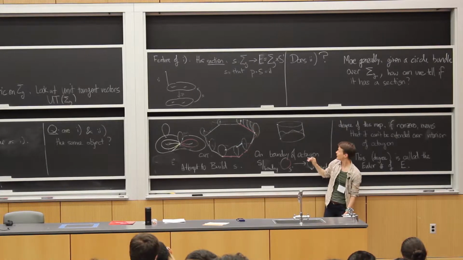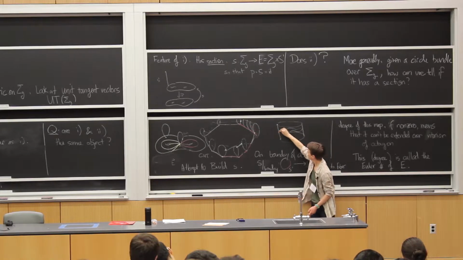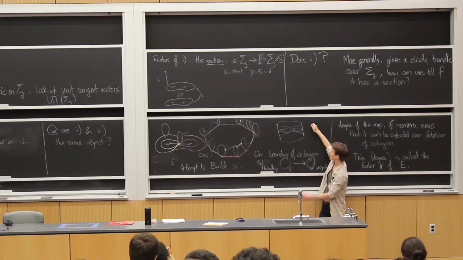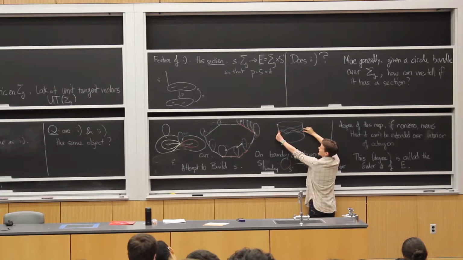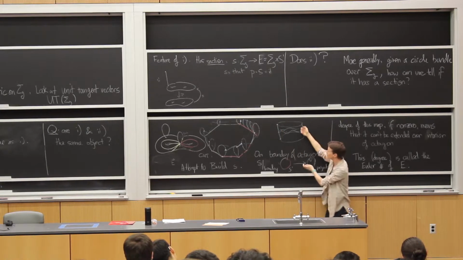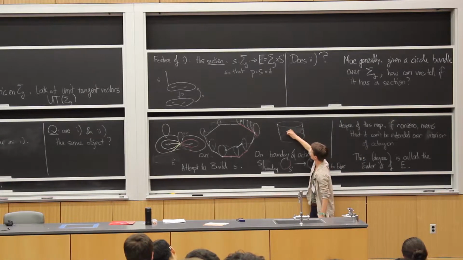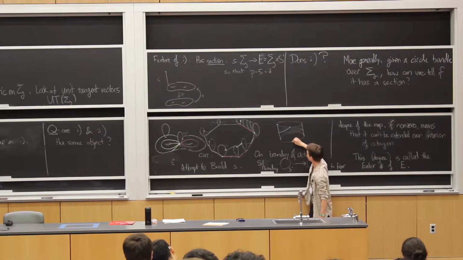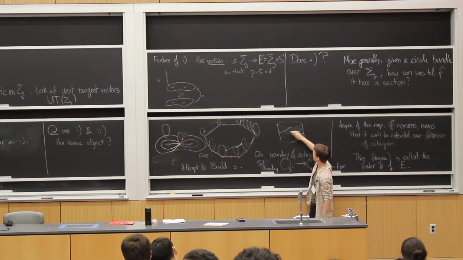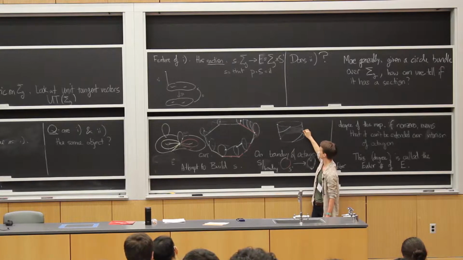Well, if it's the boundary of a disk, I can fill it in. You could think of it as being contractible, or being able to smush it down to a point. That's what degree 0 looks like. I'll draw you a picture to see if it's non-zero, something like this happens. So you are going around this direction multiple times somehow.